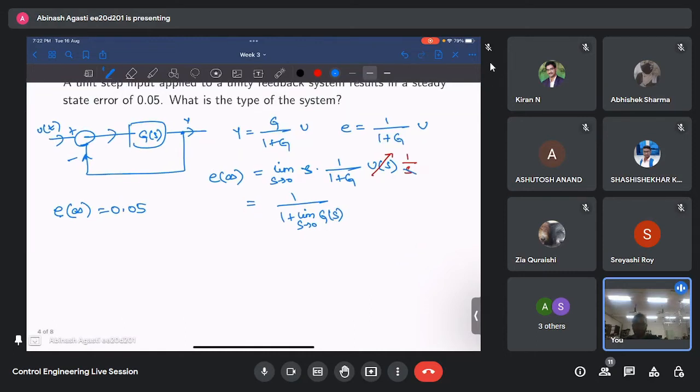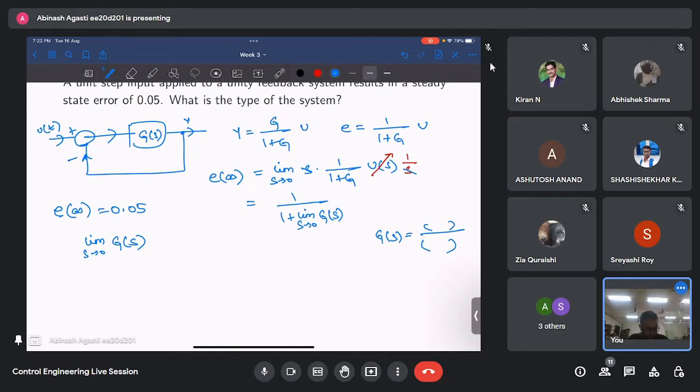So if the steady state error is 0.05, that means limit s tends to 0 of G of s is some finite value. G of s will be some numerator by some denominator, right? So if this is a finite non-zero value, then there is no open s on the numerator, and there is no open s on the denominator as well.